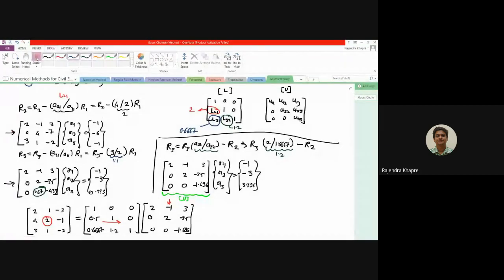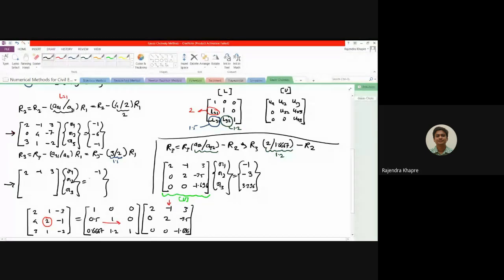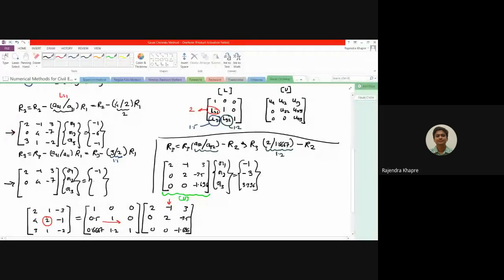Okay, so this value will be now 1.5. ठीक है? So correspondingly your third row is going to change. ठीक है? So this is 0, 4, minus 7 and 6.